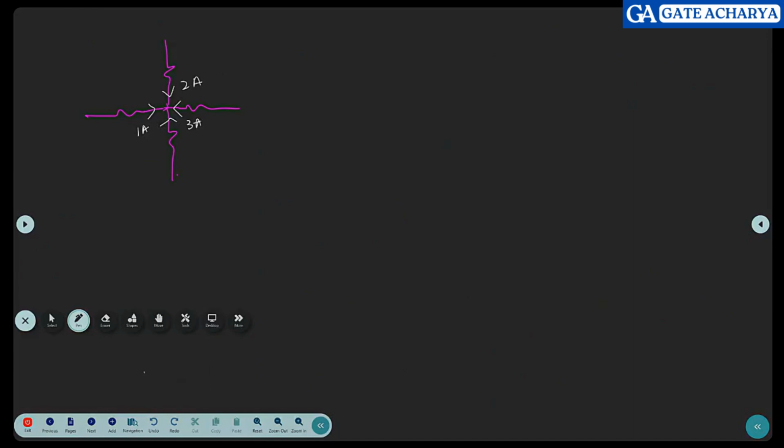Minus. So you can see that whatever comes in has to go out. Since the direction I put it like this, it has to be minus 6 amps. So this is one other application of KCL, where you try to find the unknown current in a branch, given that I know all the currents in the other branches.